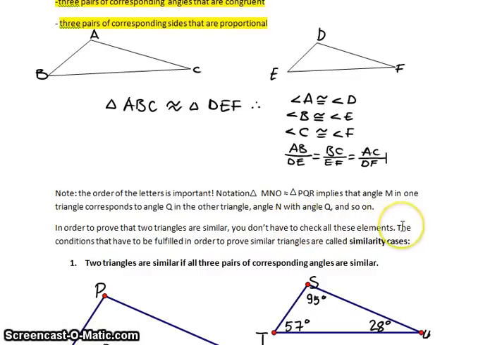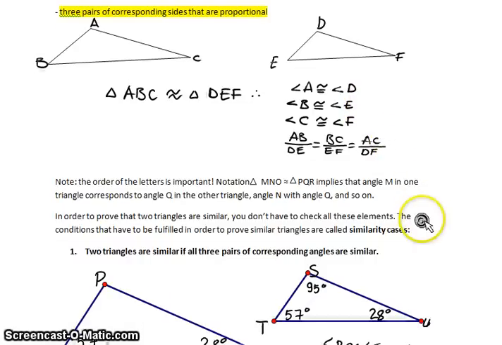What do I mean by this? There are 6 elements, 3 pairs of angles, 3 pairs of sides. The conditions that have to be fulfilled in order to prove triangles are similar are called similarity cases. And there are 3 similarity cases.